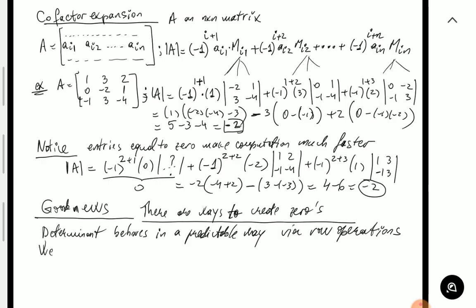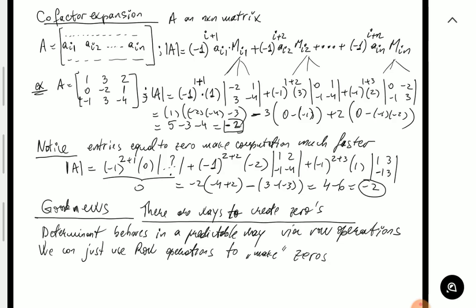So we can just use row operations to make zeros and thus evaluate the determinant in a much faster way.